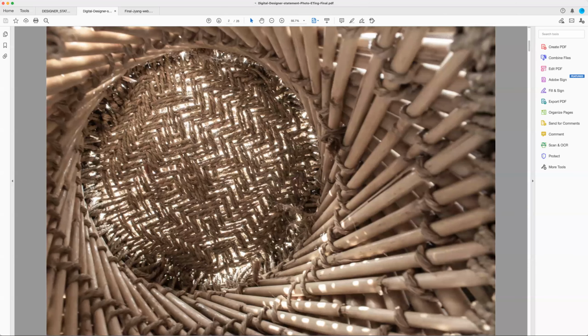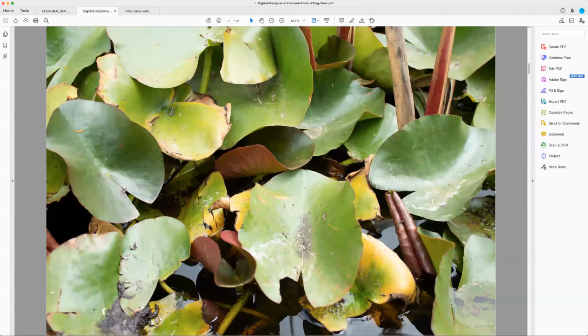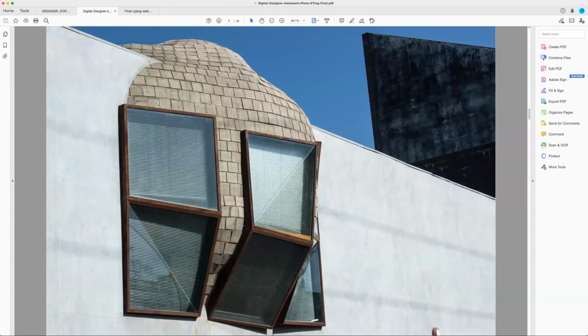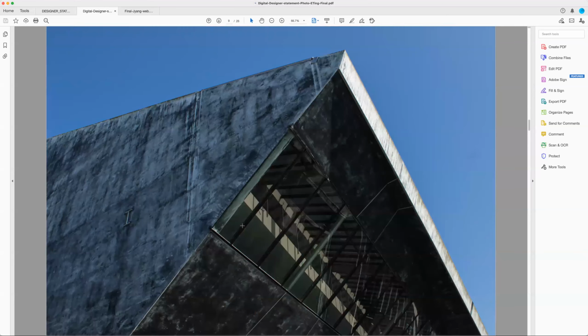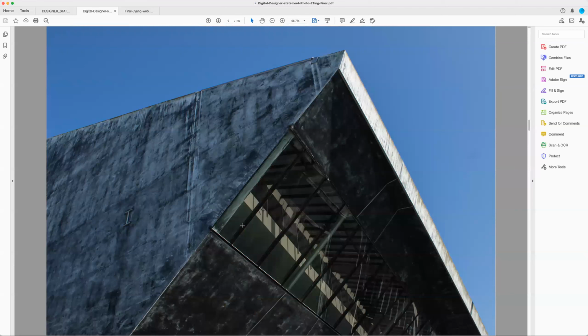Here are the photos individually. So what we have here, we have juxtaposition, we have negative space, but we don't see the whole building. We just see a piece of it, a corner of it.